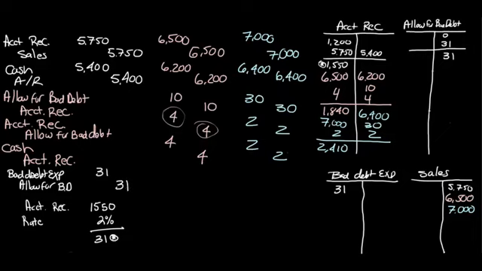All right, so let's go to year 2. We now have the $1,550 as our beginning balance. We had sales on account, so we have $6,500. We received some payments against our accounts receivable.